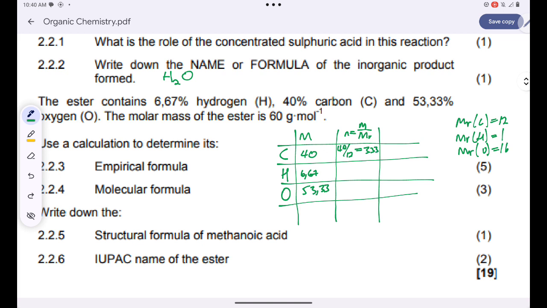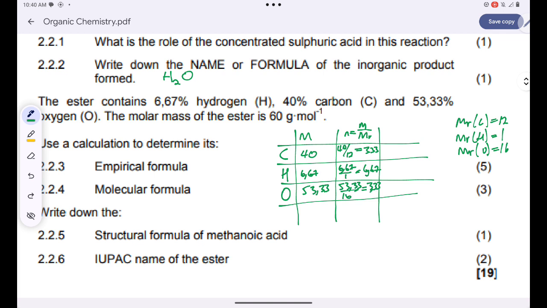And then 6.67 divided by 1, that's 6.67. And then 53.33 divided by 16. What do I get? This is 3.33.